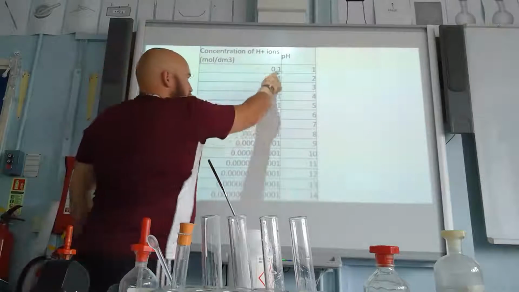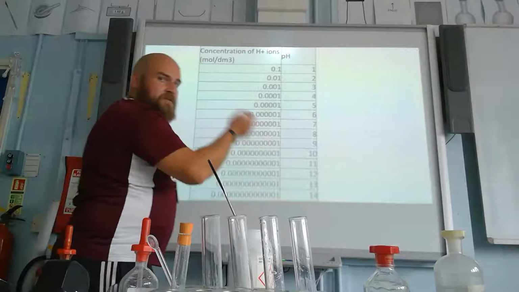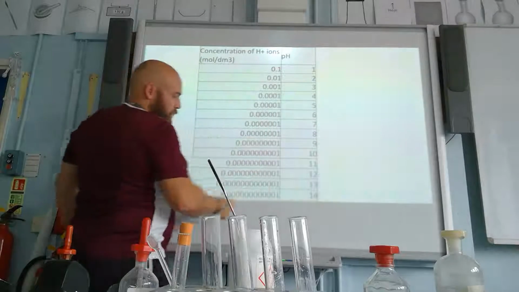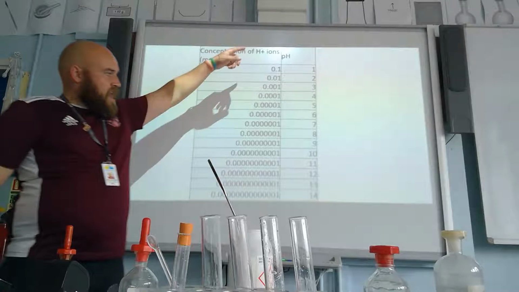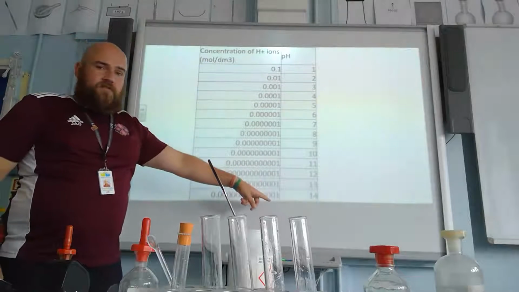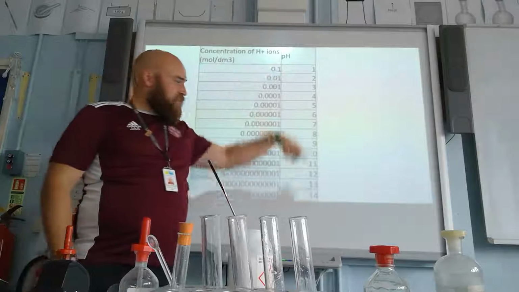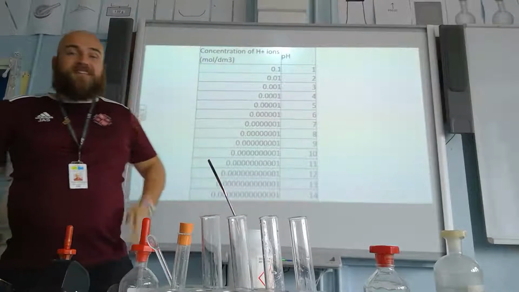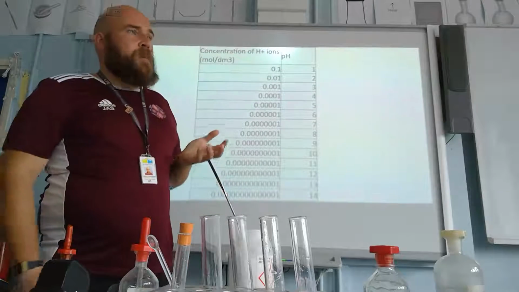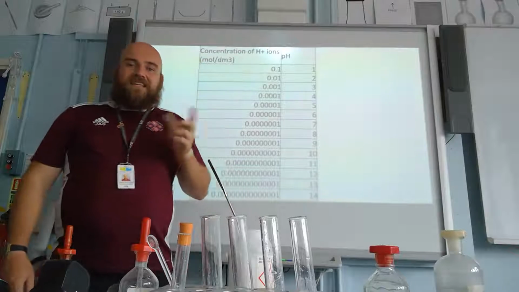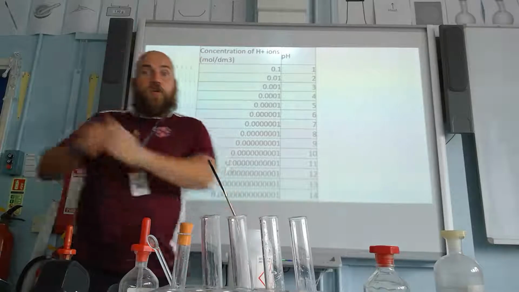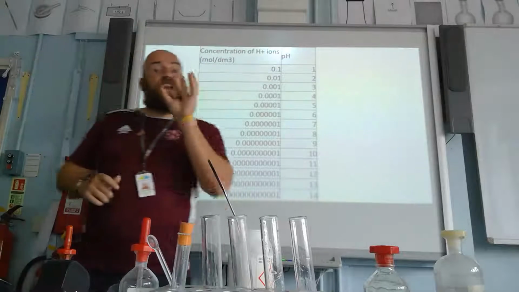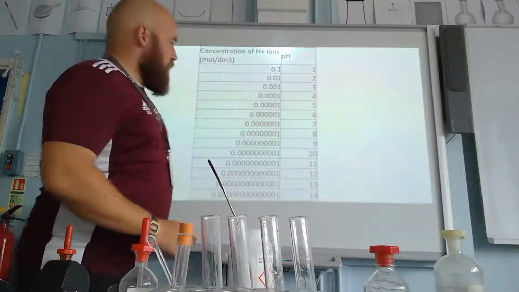It's 0.1, 0.01, 0.001, all the way down to 0.000001. As the amount of H plus goes down, the pH goes up. Because that's all pH is. pH just stands for parts hydrogen, and it is an inverse scale. So the more hydrogen ions you've got, the lower the pH.